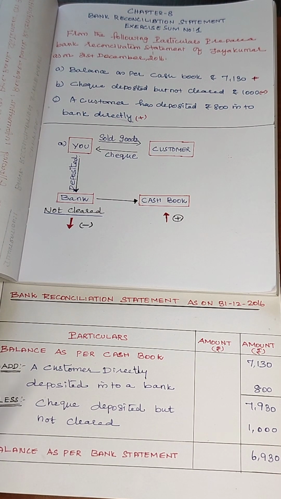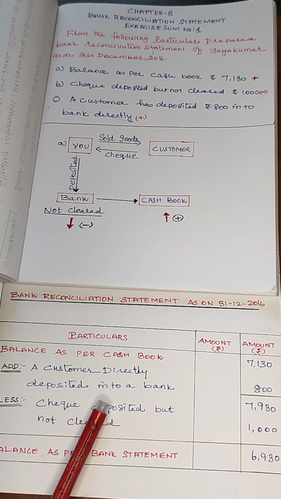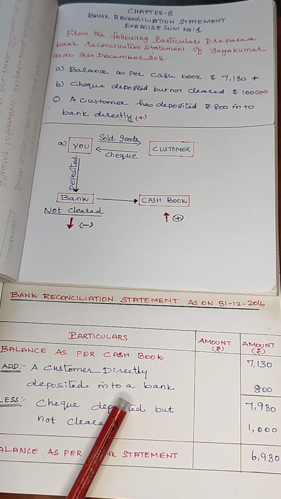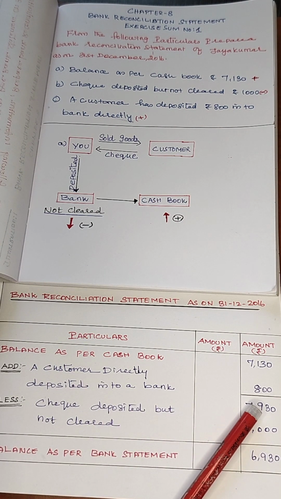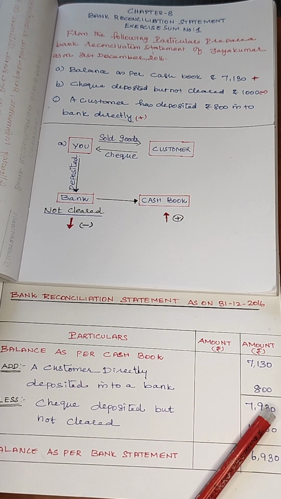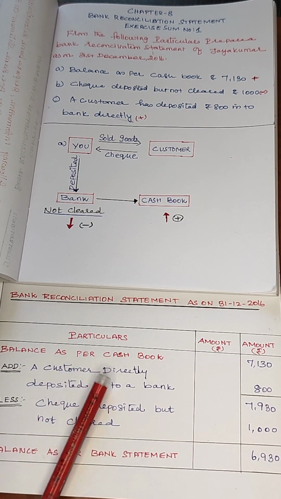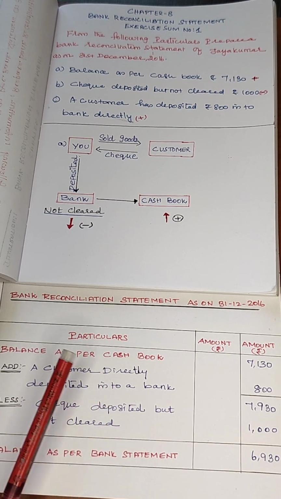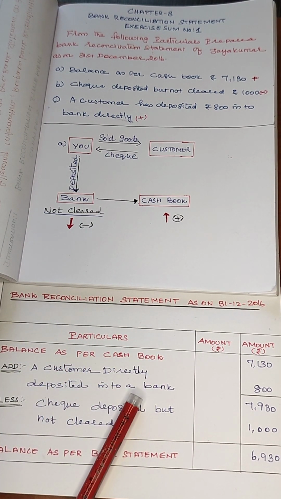So in the add column, we will write a check was directly deposited into a bank, and 800 rupees will be entered in the outer column. We entered all the given transactions in the bank reconciliation statement.